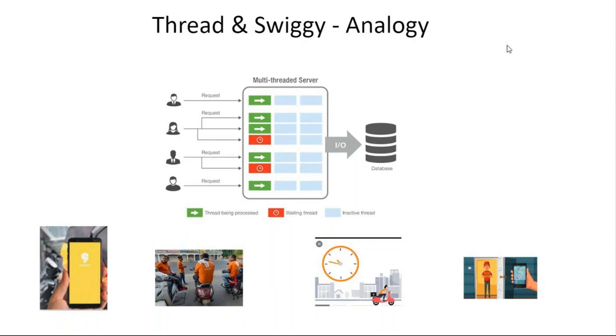The request will be assigned to a particular delivery person who is free. He will go and wait till the food is processed, and once it is done, he will receive it and deliver it at home. The same thing happens for other people as well. Whoever orders, and whoever is free, that delivery is going to get assigned to a particular delivery person, and he is going to repeat the same thing.